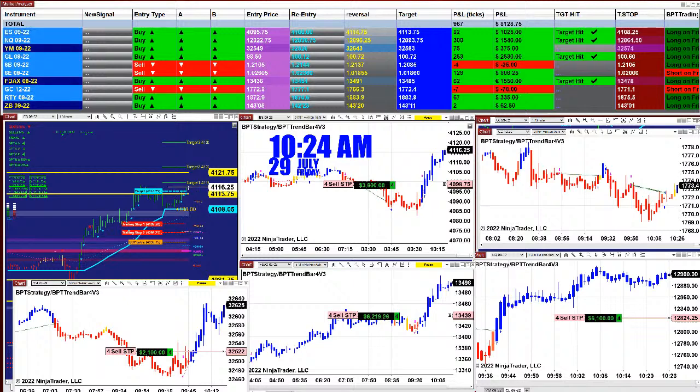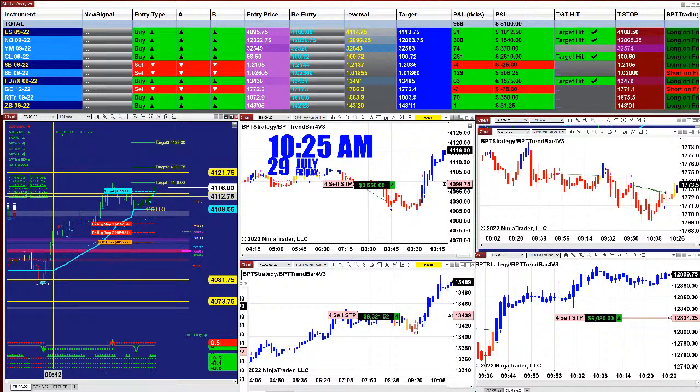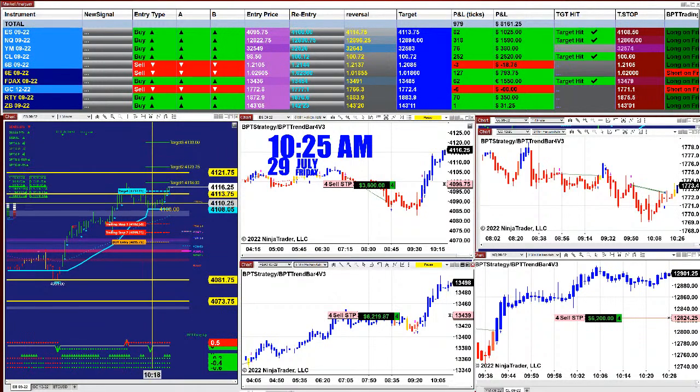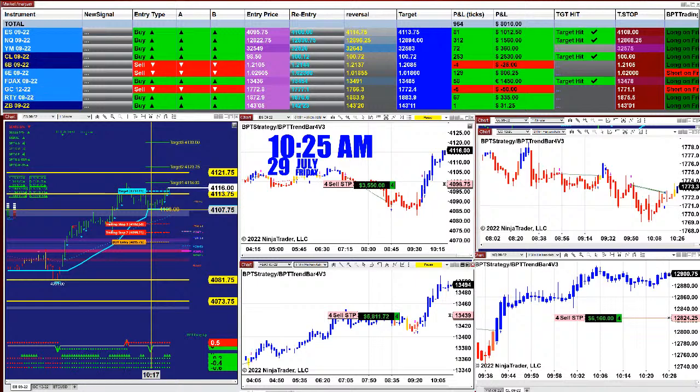So we're climbing to the target 1, and from target 1 we climb into target 2, and it is over. If we look at the pressure, the market is full throttle up, and we expected for the market to drop to this 4107. It did.